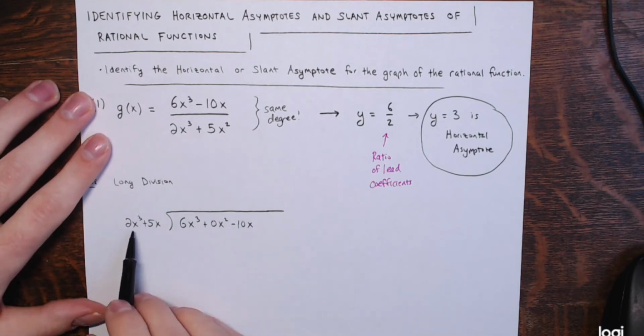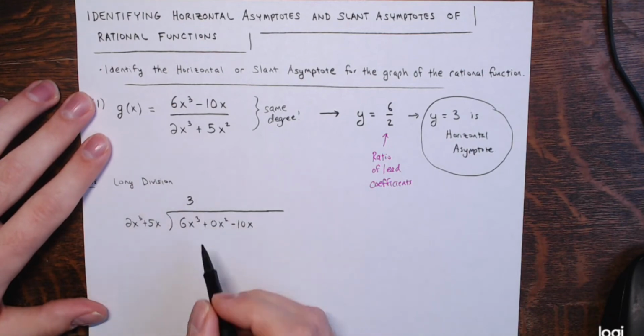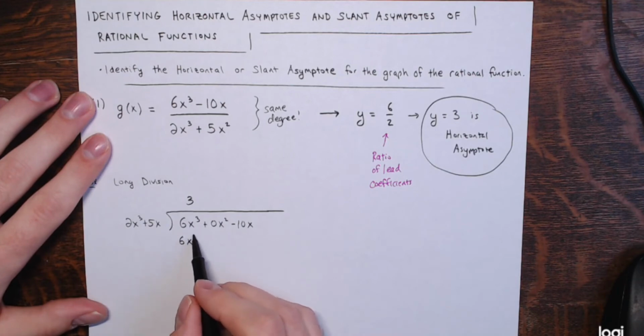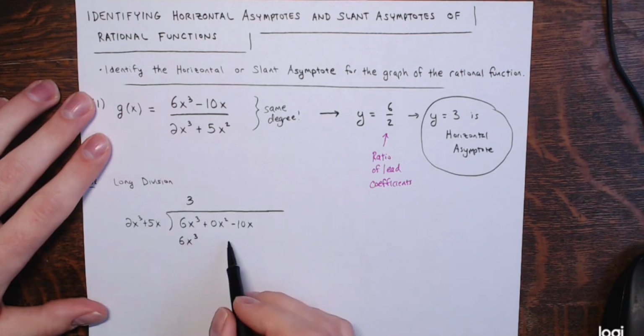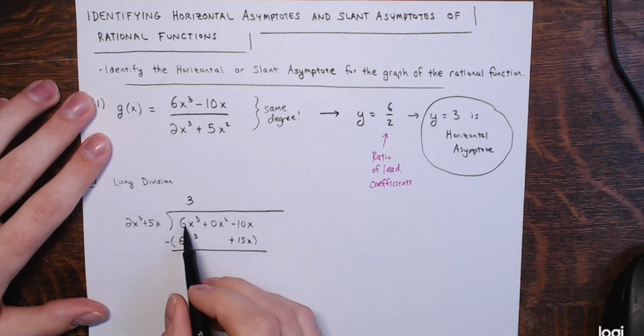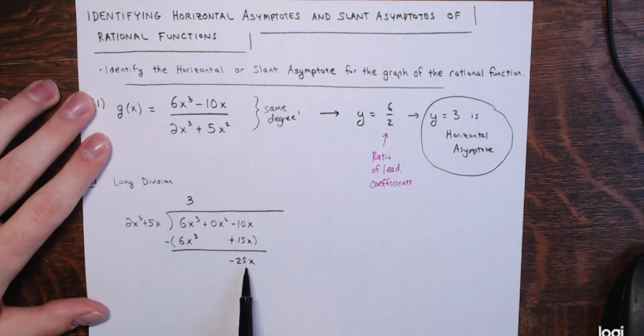Divide the lead term. 6x cubed divided by 2x cubed is 3. Then we multiply, that'd be 6x cubed and then plus 15x squared, and then subtract that entire line from the line above it, and you get nothing, nothing, and then negative 25x to the first. And once the degree after subtraction is less than the degree of the divisor, you're done, right?